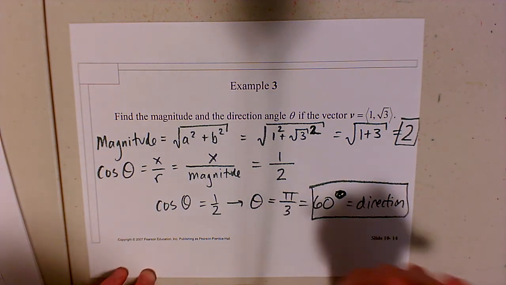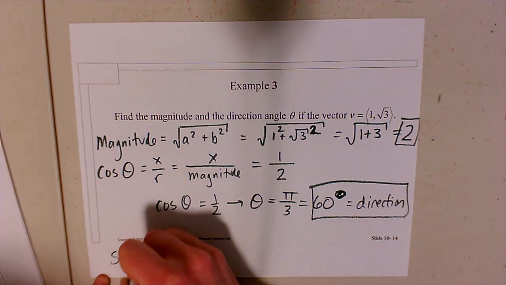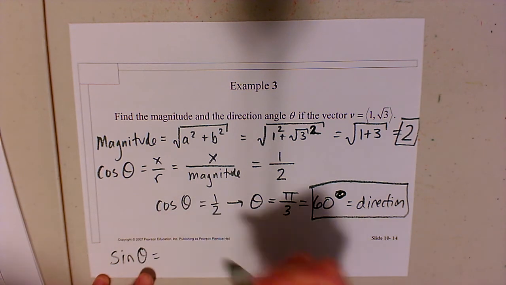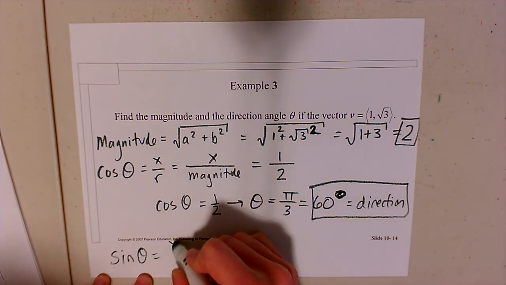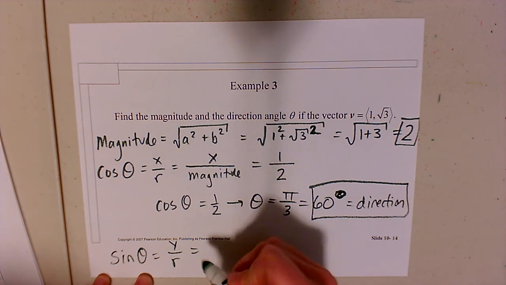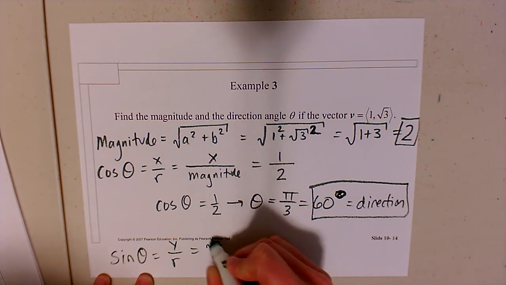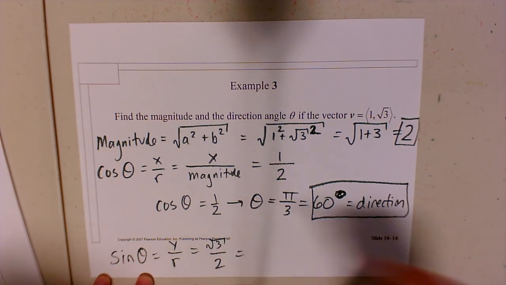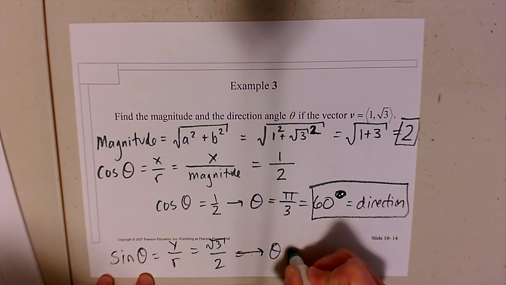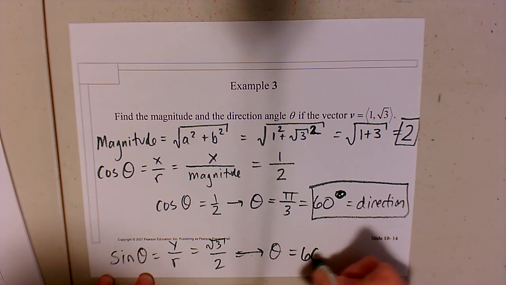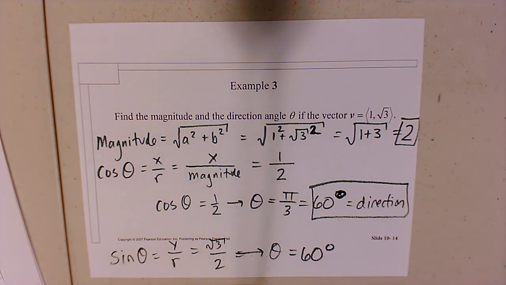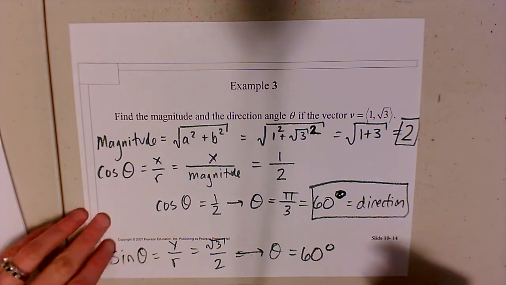So if you wanted to use sine, it would be just as easy. Your sine is y over r, and your y would be root 3 over 2, so you would get theta is 60 degrees. It's just whatever you remember faster, cosine or sine.